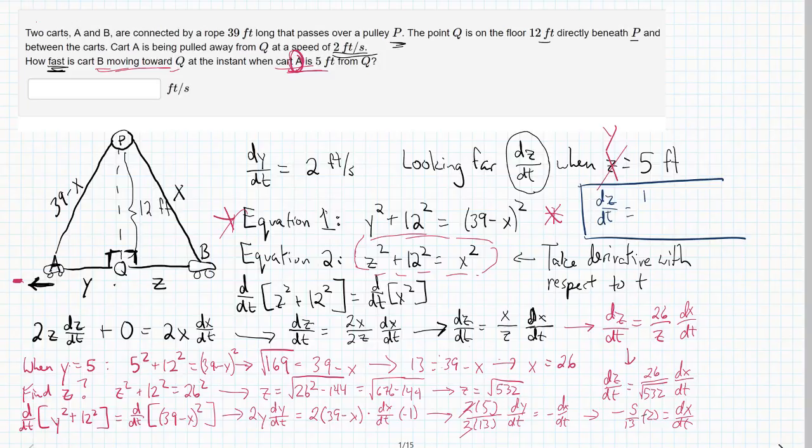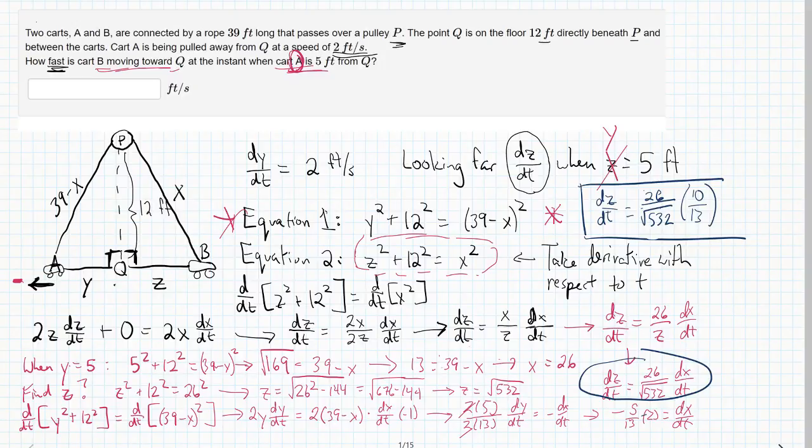Oh, and this was negative 2 now, so that'd be positive 10 over 13. Whoops, we had the other piece first. So the part that I'm looking at right here is 26 over the square root of 532 times just 10 over 13. And that would be it.